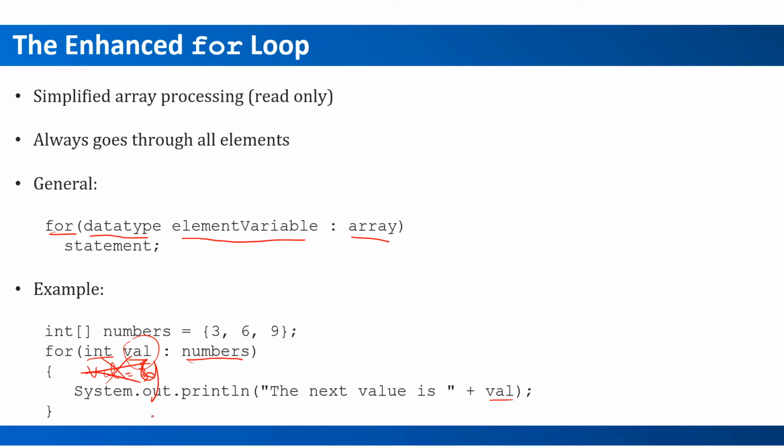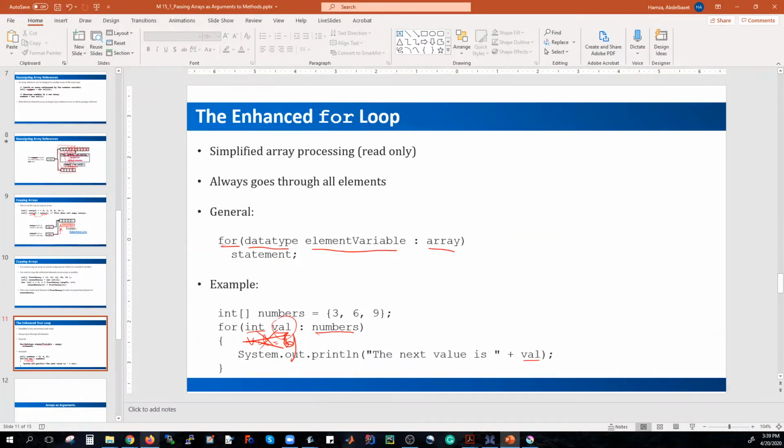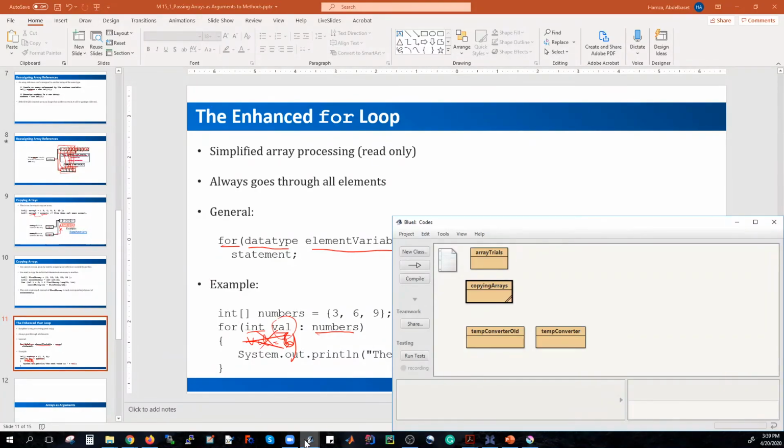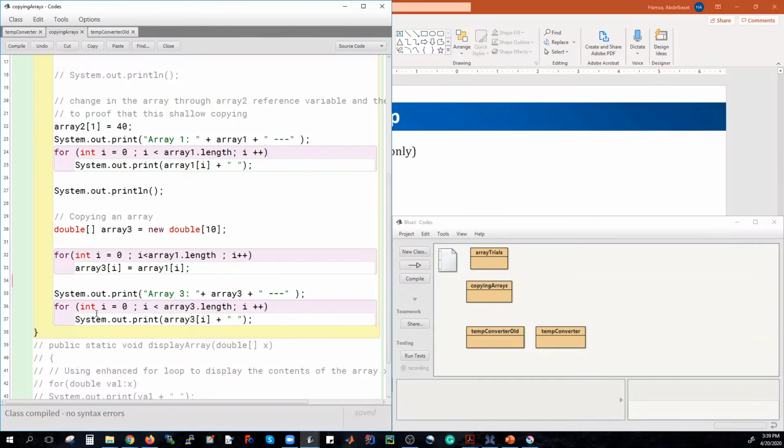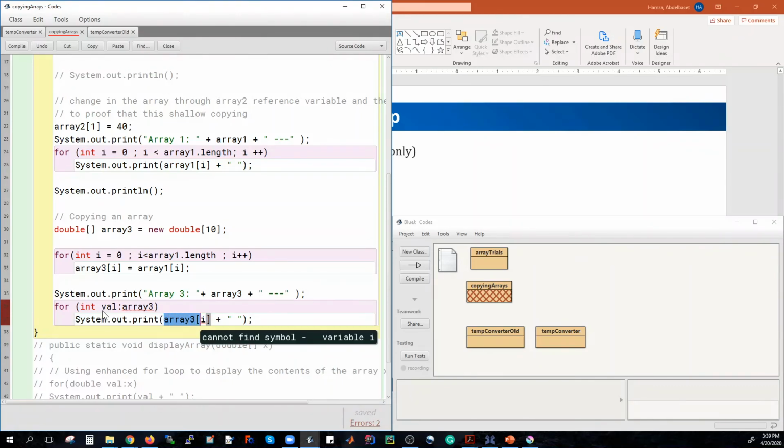All right, so if you want to see that, we could go here and check one of these loops that we use to print, and instead of doing something like this for loop, what we could do is val over array 3, and what I want to do is to print val. All right, compile.